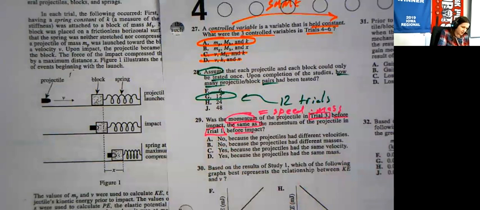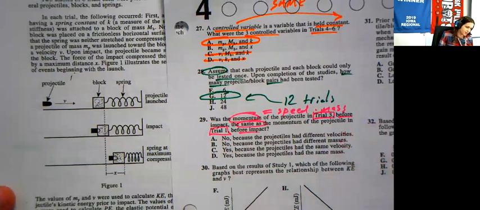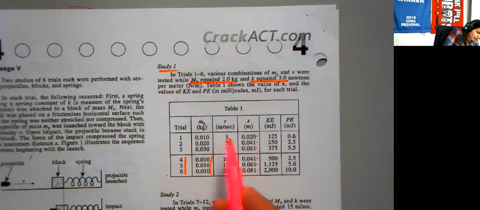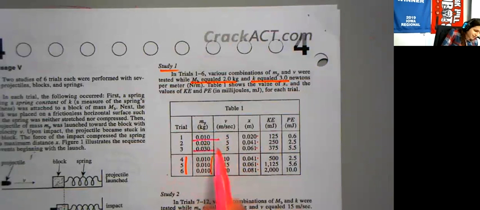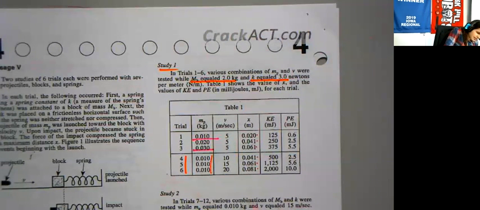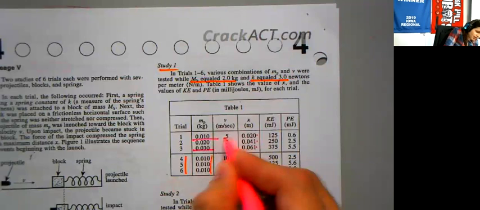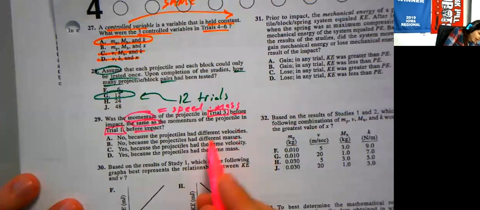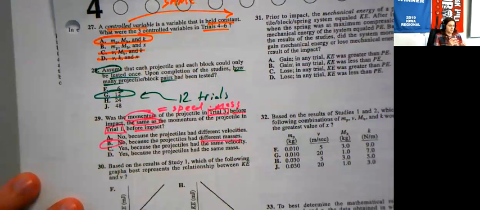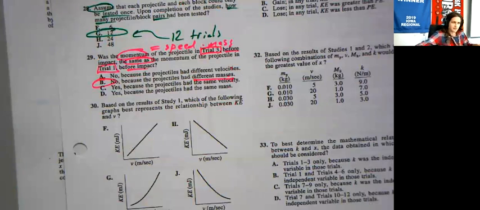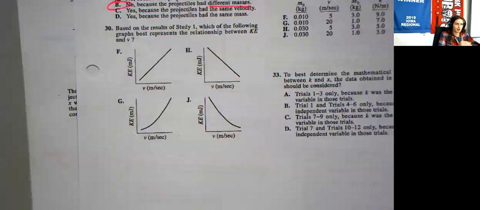Well, it's going to have to do with either velocities or masses. So let's take a look. Trials 1 and 3. If I look at trials 1 and 3, what do I see? They have different masses, same velocities. Different masses, same velocities, different masses. Answer option B. 3 down, 4 to go.